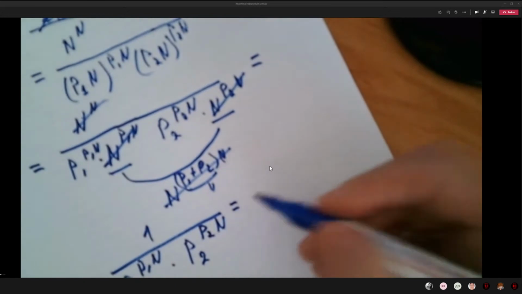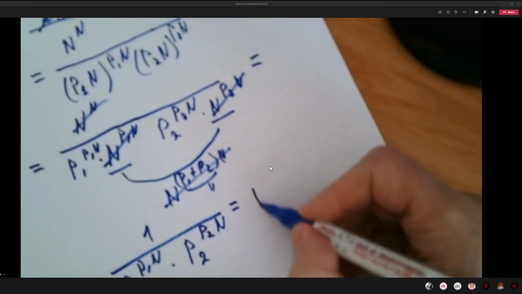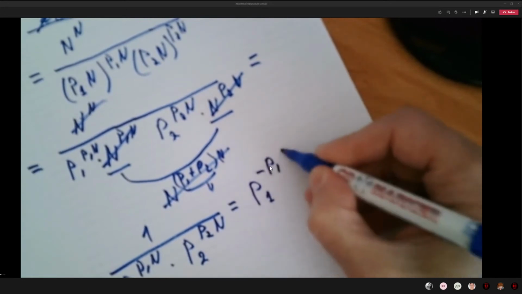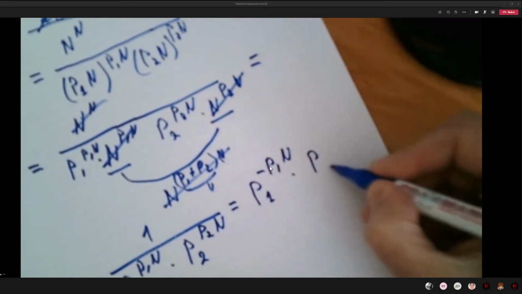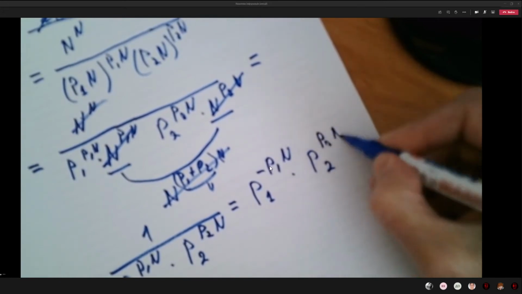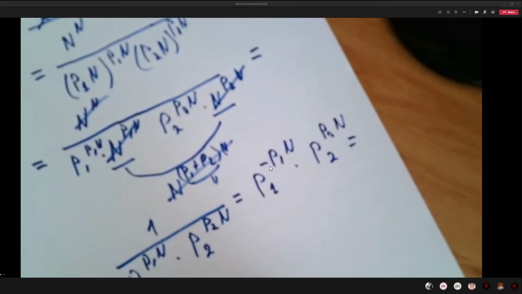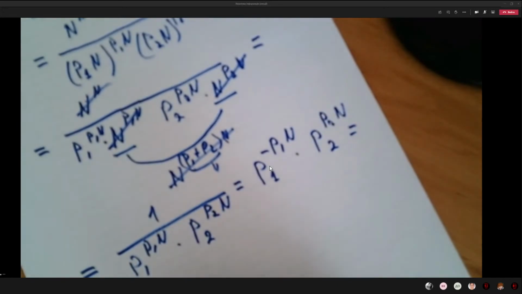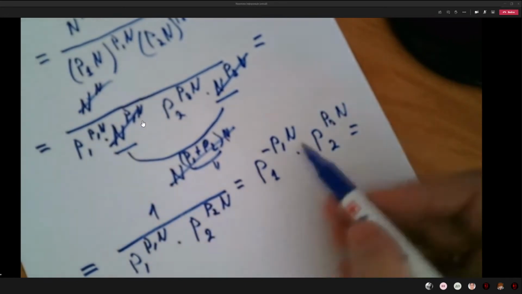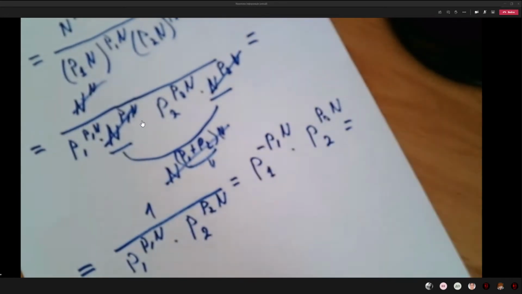We can rewrite it as p1 in power minus p1 n, p2 in power minus p2 n, or it can be written in this form: 2 in power logarithm of this and this one.